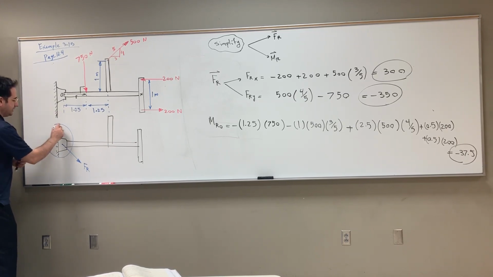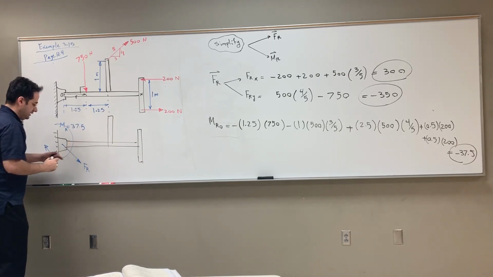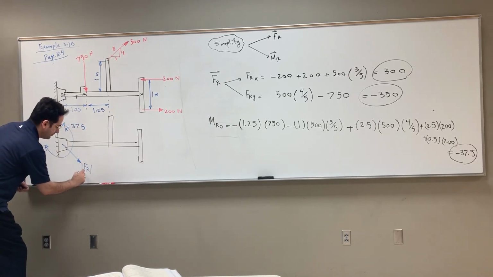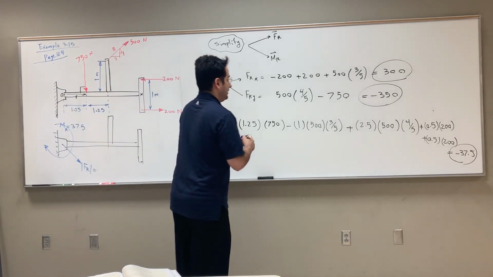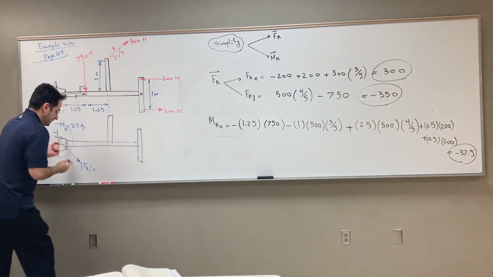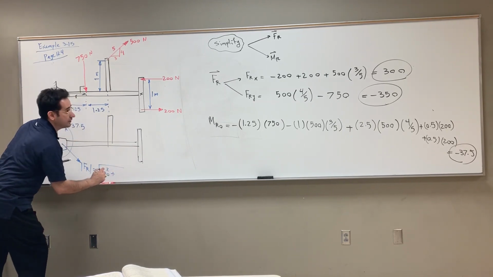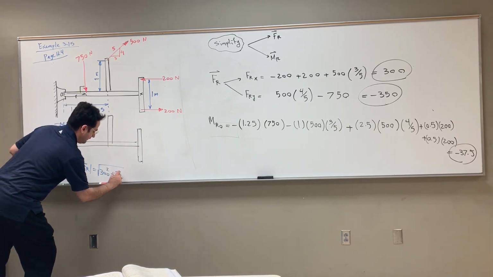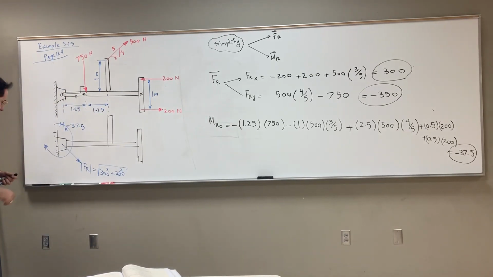So the value of moment, M resultant, is 37.5, and the resultant force, its value is equal to the square root of 300 squared plus 350 squared. Put it in the calculator.